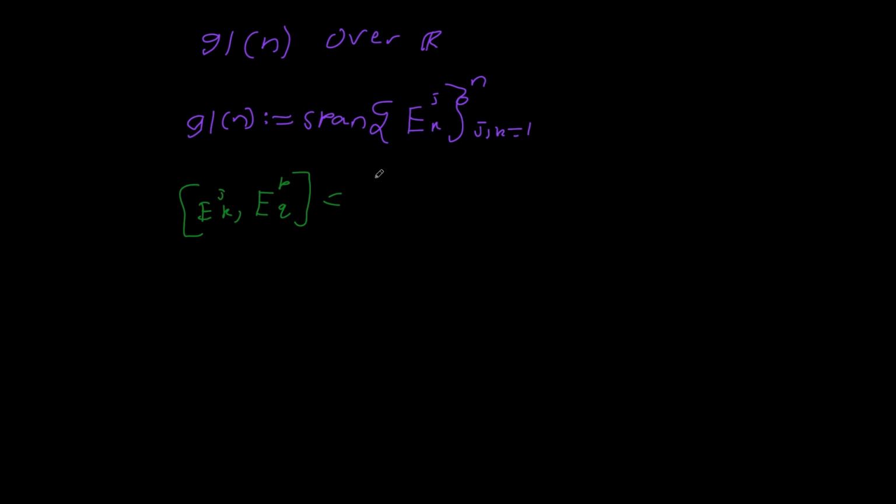That is defined as the Kronecker delta of p k times E^j_q minus the Kronecker delta of j q times E^p_k.